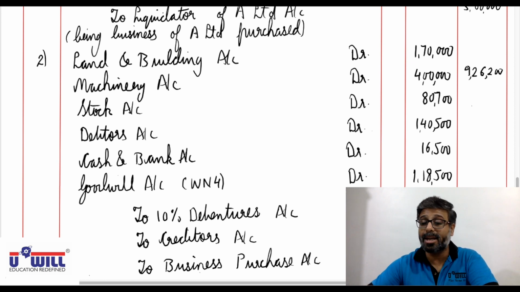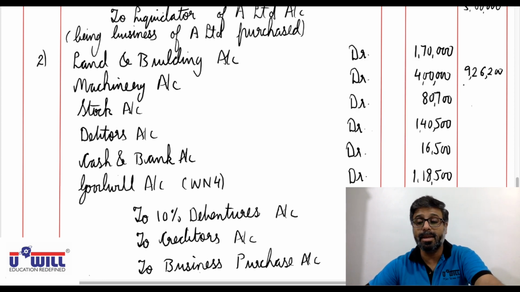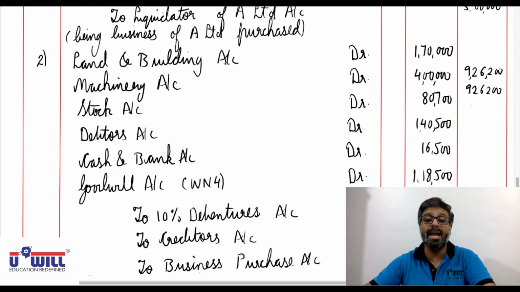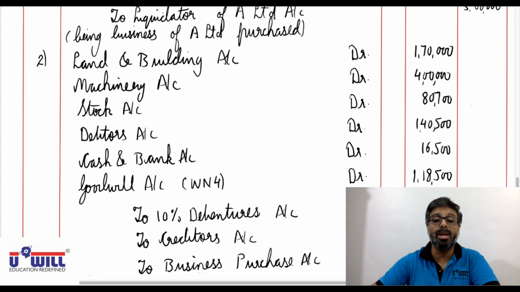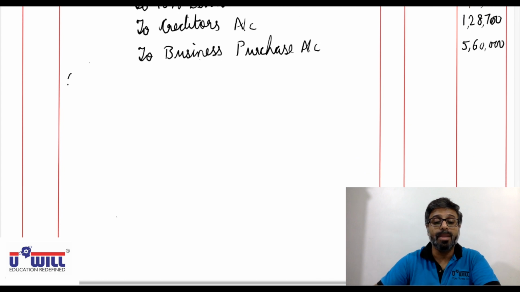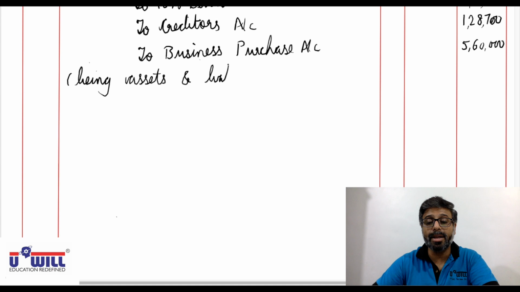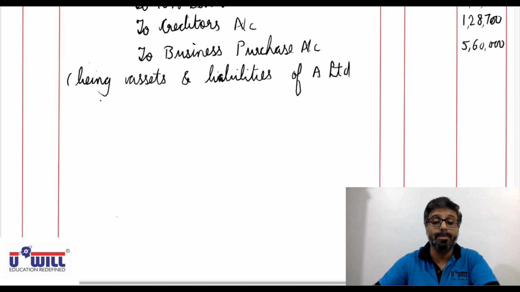So does it come to 9,26,200 or not? Yes. Means this entry is correct. Okay. So every time after you pass second entry in calculator, verify is the debit total equal to credit or not. Being assets and liabilities of A Limited taken over.